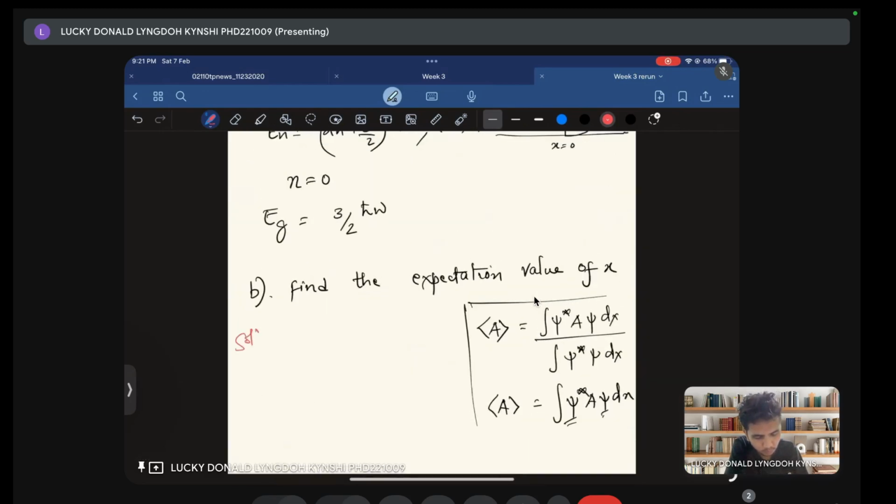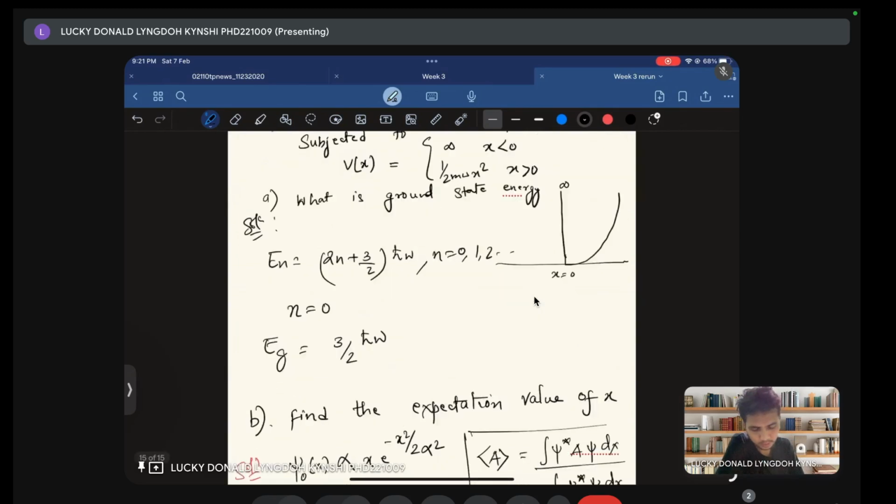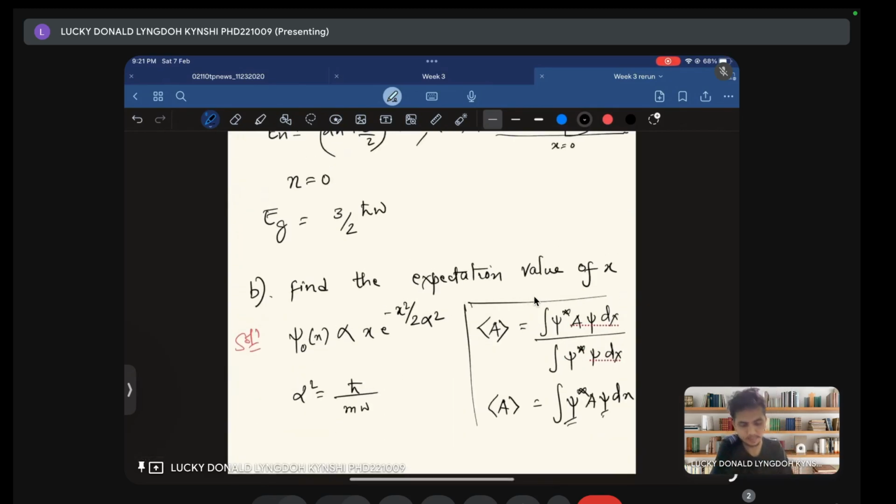After you put n equal to 0, you will get ψ_0 of x, proportional to x e^(−x²/2α²). Here α² means ħ/(mω). In the first term I represented it by x_0², but you can represent it by either x_0² or α². It's the same thing.